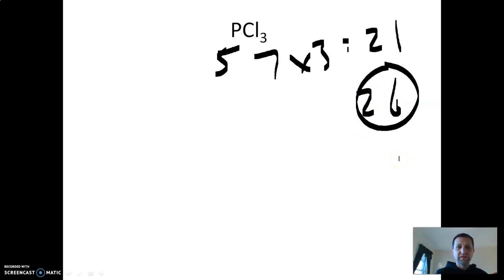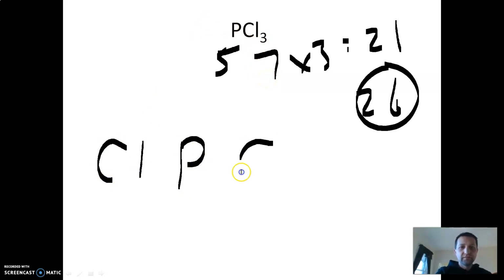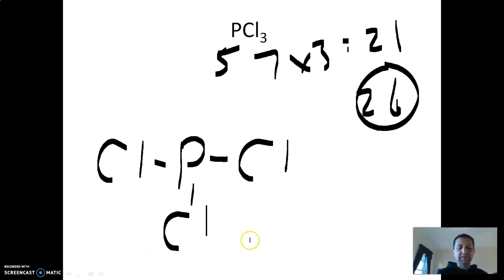Central atom has to be phosphorus. 3 chlorines. Single bonds for all of them. Sorry, this is kind of sloppy. That takes care of 2, 4, 6 electrons. Now let's go through. We have a lot left. Let's put our outside valence electrons on first. Give chlorine octets.